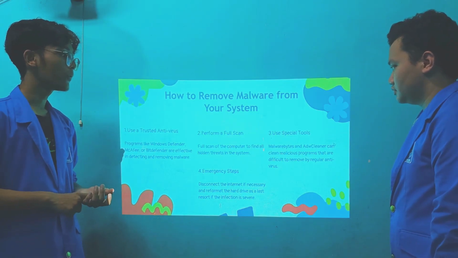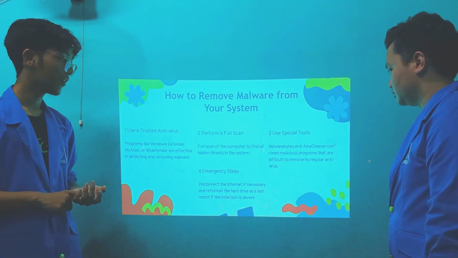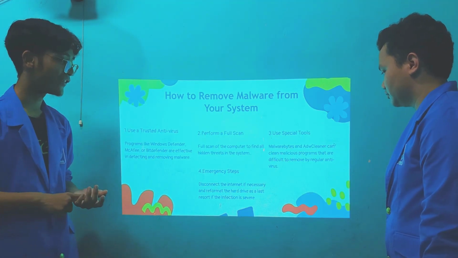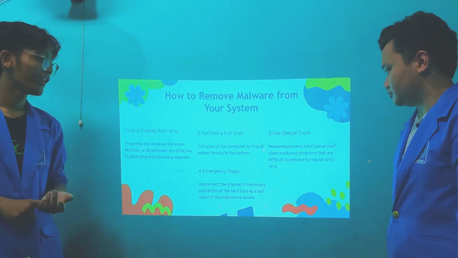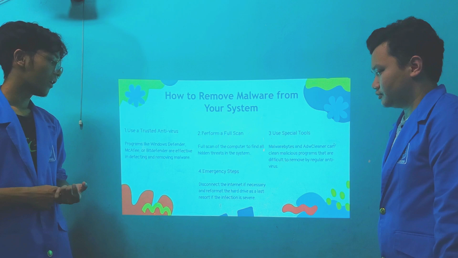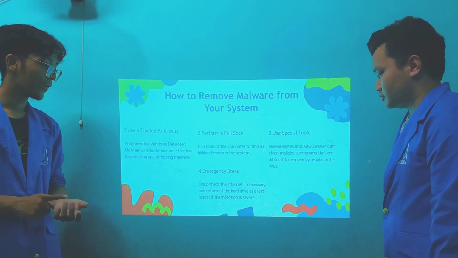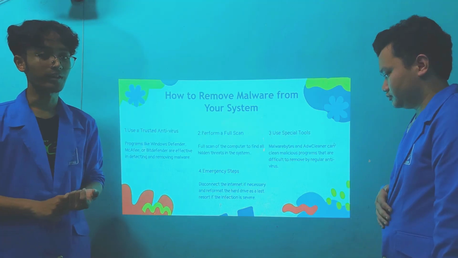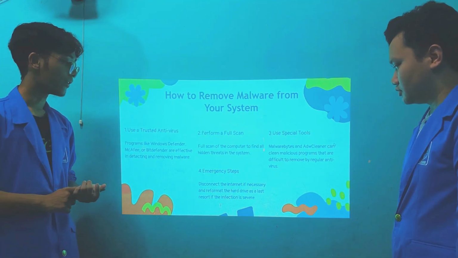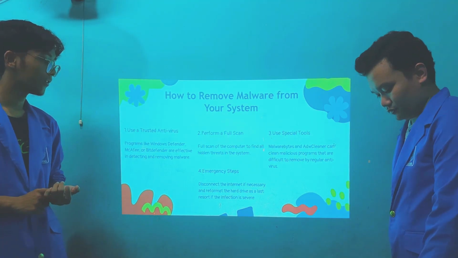Third, use special tools like Malwarebytes and AdwCleaner, which can clean malicious programs that are difficult to remove with regular antivirus. Emergency step: disconnect the internet if necessary, and reformat the hard drive as a last resort if the infection is severe.